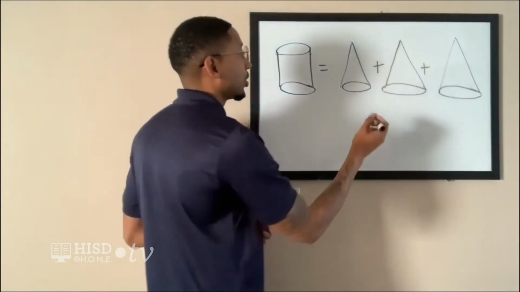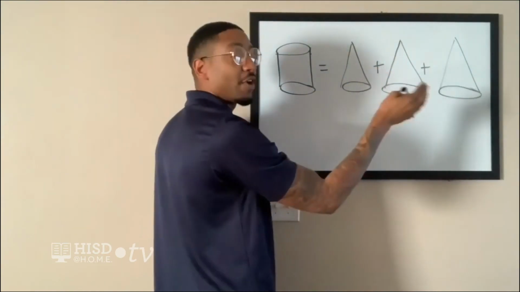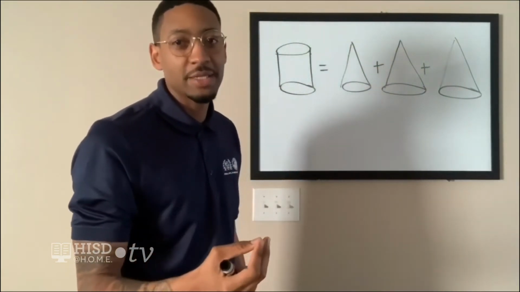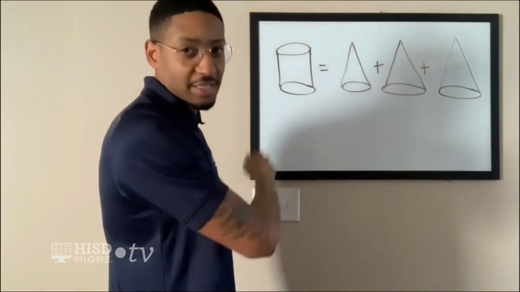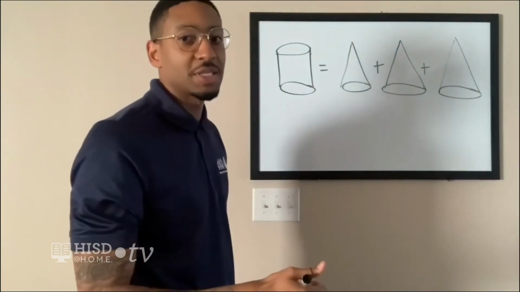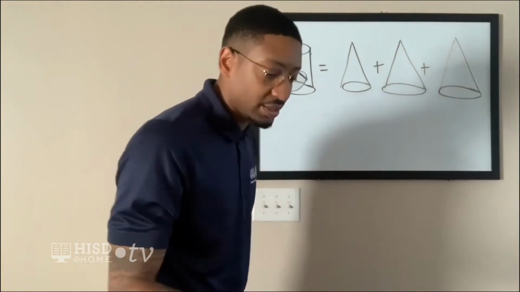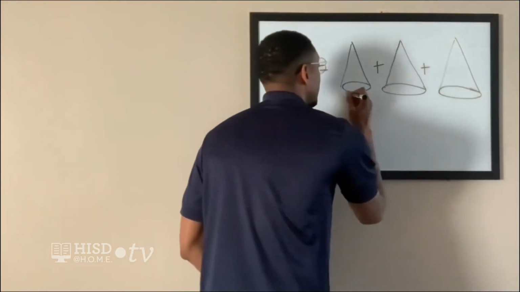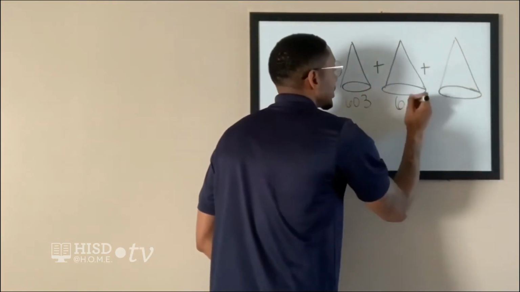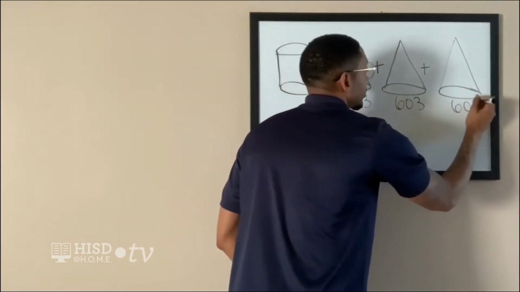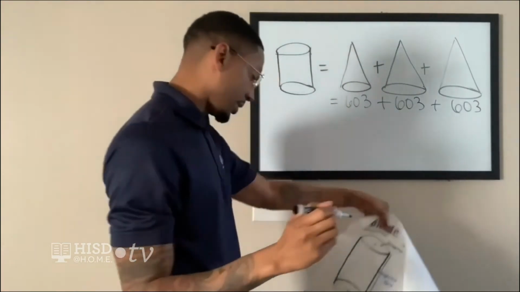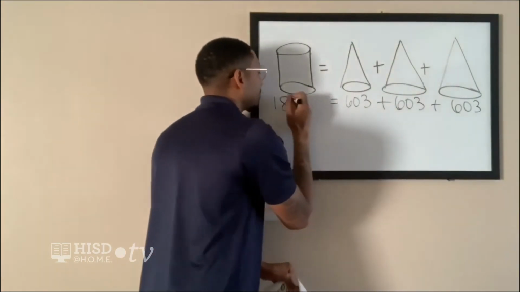Again, the volume of 3 cones with the same height and the same radius as the cylinder equal the volume of the cylinder. So the volume of the cone was 603. When you add that 3 times, it's going to equal the 1,810.